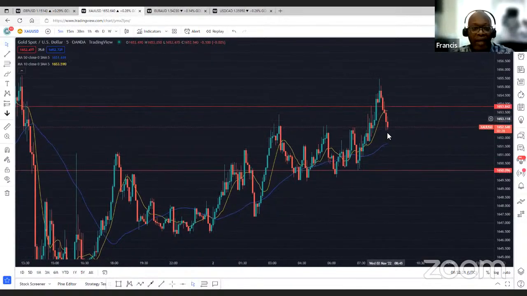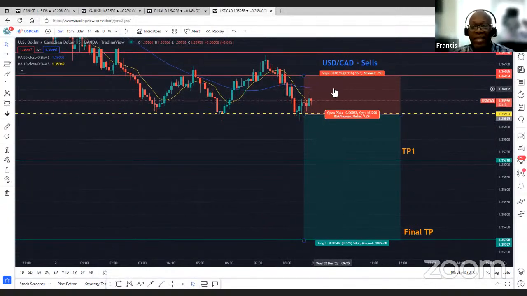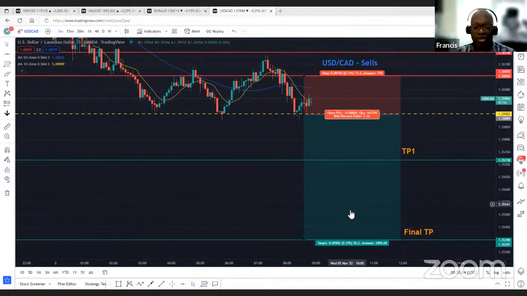So I hope the Canadian dollar is not going to be a fake out either. But we have reduced our risk here to 15 pips. We don't want to risk more than 15 pips. If it had continued pushing down, then obviously we would have left our stop loss here. But we've had to bring it down because it had appeared as though it was going to be a fake out. We don't know yet. Let's just watch.